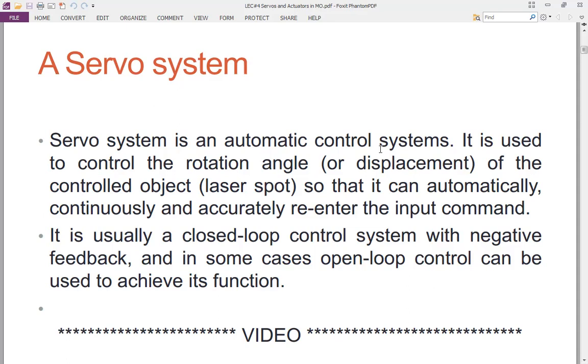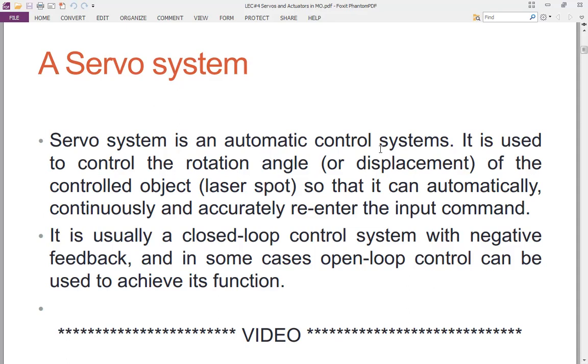There will be a feedback system to compare the output with the input. If the output is the same as the input, it means there is no error, and if there is no error, the process will just continue.